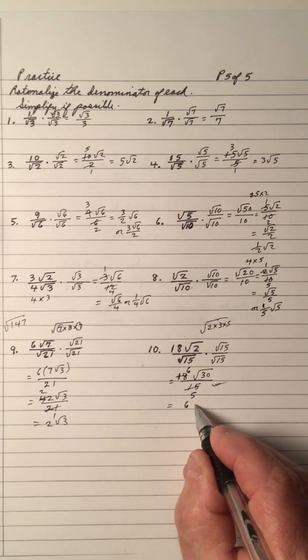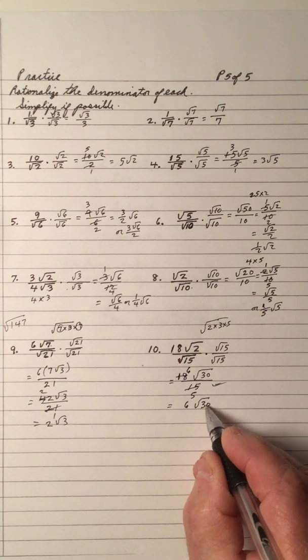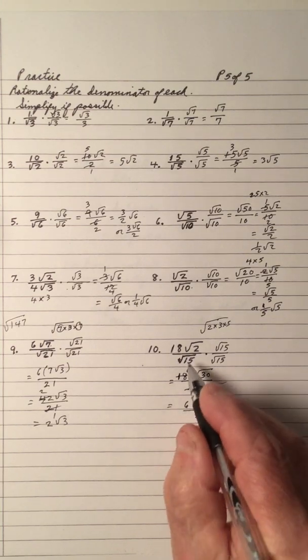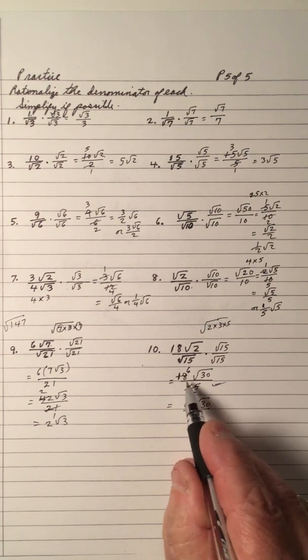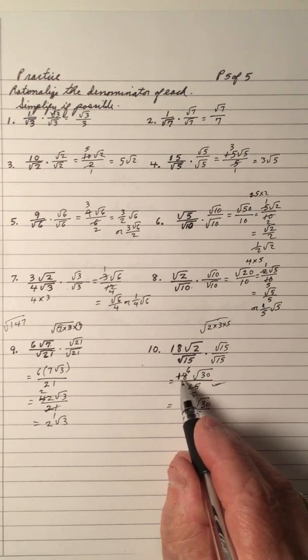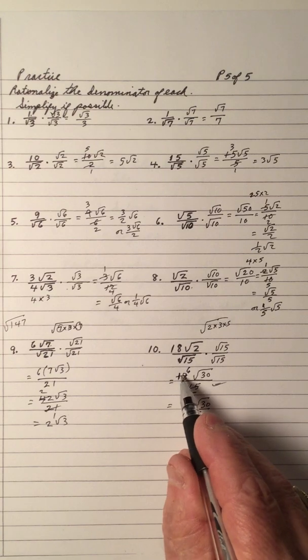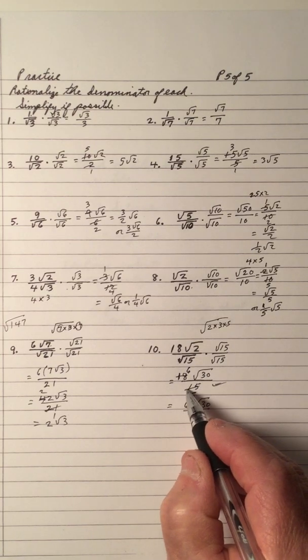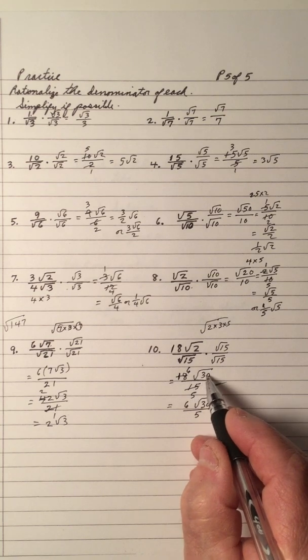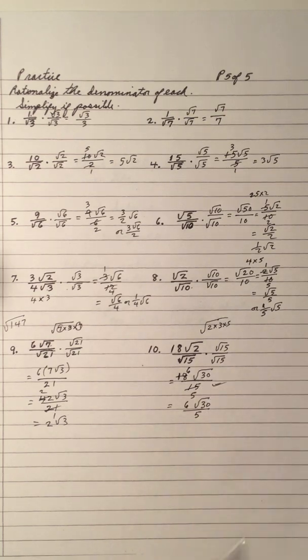So we have a 6 root 30 over 5. I made the error and omitted the 1. So if it was an 8, it wouldn't simplify. Because it's an 18, 15 and 18, you divide by 3. Again, you cannot simplify 15 and the root of 30 because that's irrational, that's rational.